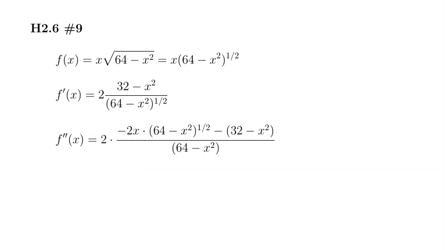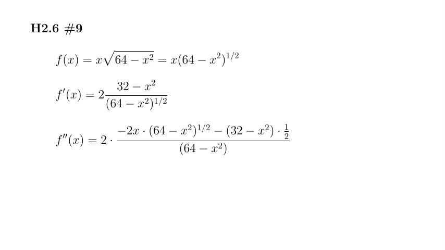This is where we have to use the general power rule. So we put the 1/2 in front. Then keep the same quantity, so we're going to have 64 minus x squared.